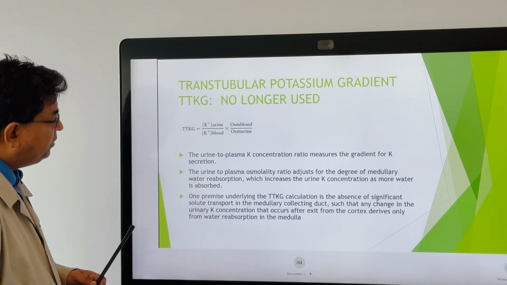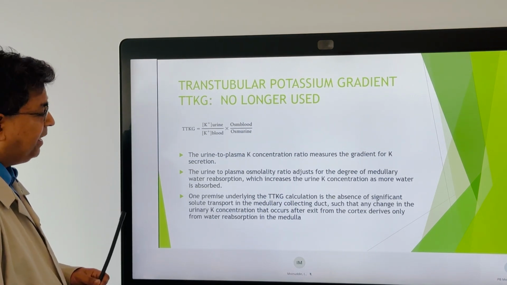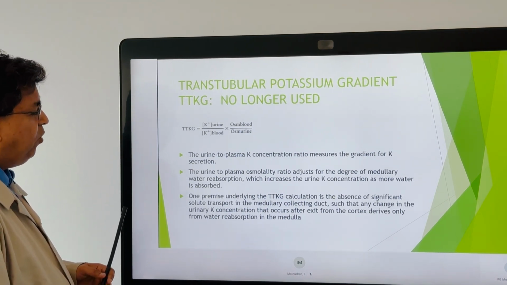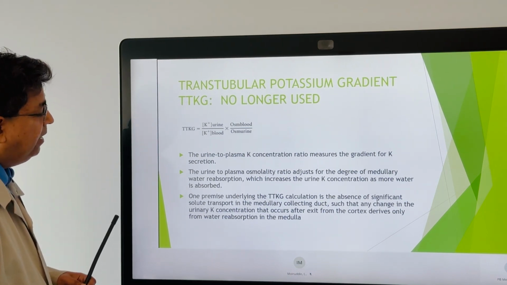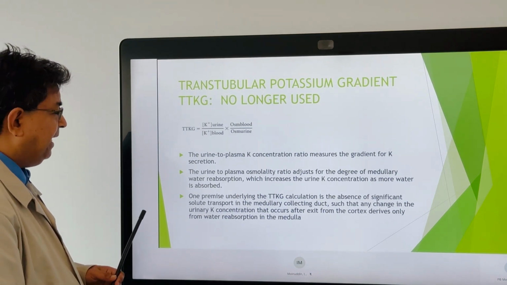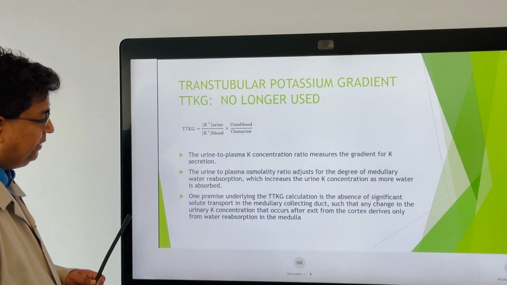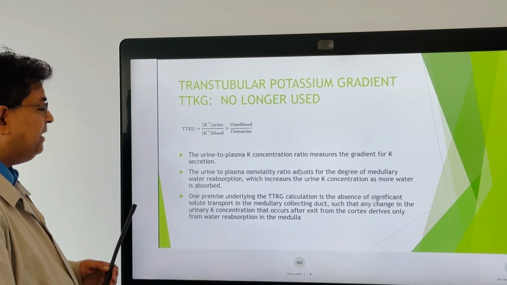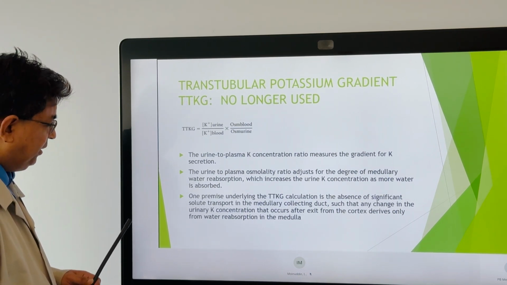So the assumption in the transtubular potassium gradient is that in the medullary collecting duct, the only thing that's happening is that water is being reabsorbed. And as the water is reabsorbed, the potassium concentration changes, and as the potassium concentration changes, the potassium gradient changes.